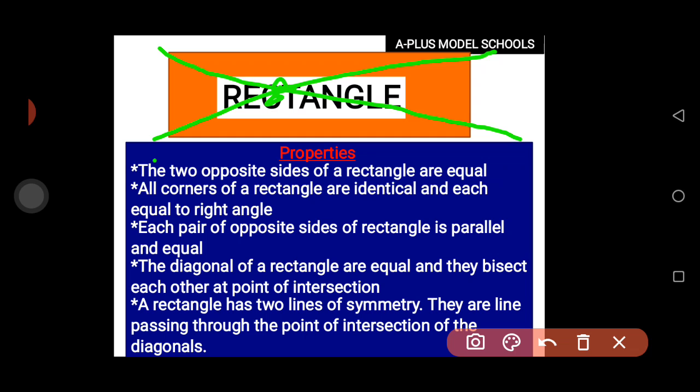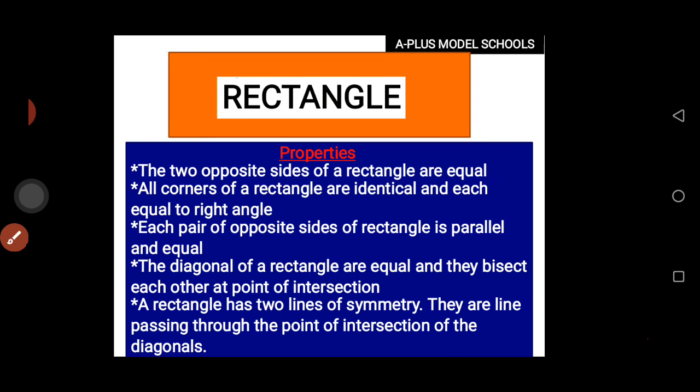So they will have a point of intersection.